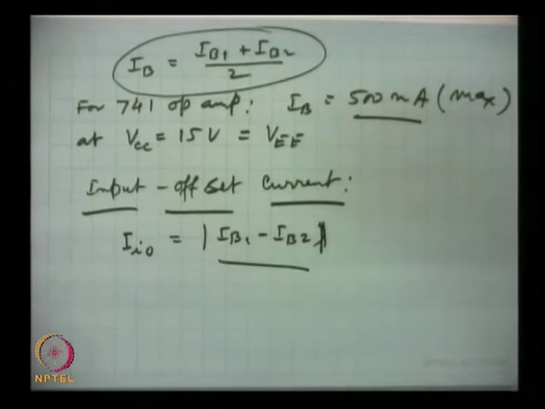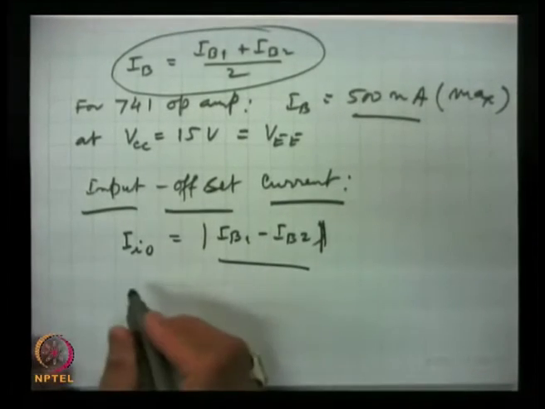Some differences exist, in spite of the fact that they are assembled on a chip by the processes which are used in integrated circuits, like the gas diffusion for making N and P type and all that. In spite of that, some mismatches do occur and give rise to this, and this current is normally very small.